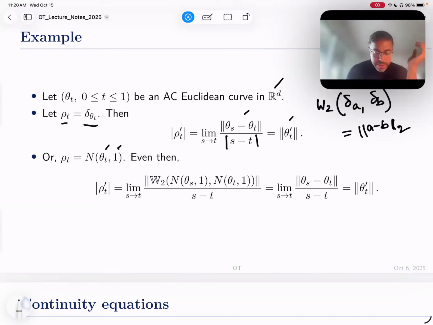Even in this case, if I compute the W2 distance between two normal distributions with the same variance, or same covariance, and just the mean is changing, as I have said multiple times, this is just a shift. You take the coordinates and you shift. So what you get is simply the norm of theta s minus theta t, and you get exactly the same answer.